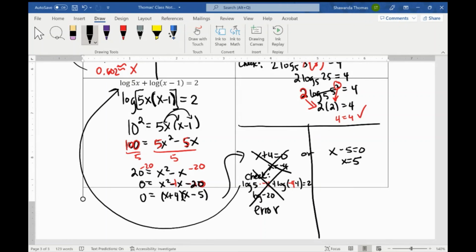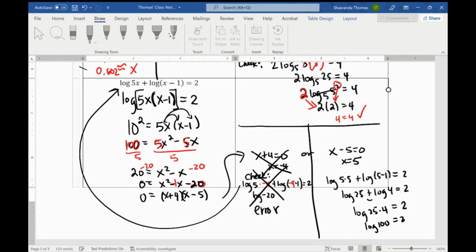Let's try 5. Log of 5 times 5 plus log of 5 minus 1 equals 2. That's log of 25 plus log of 4 equals 2. It only has a plus, so that means I can multiply 25 times 4. That's log of 100 equals 2. And guess what?